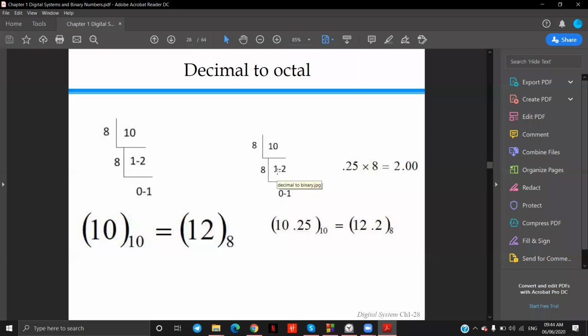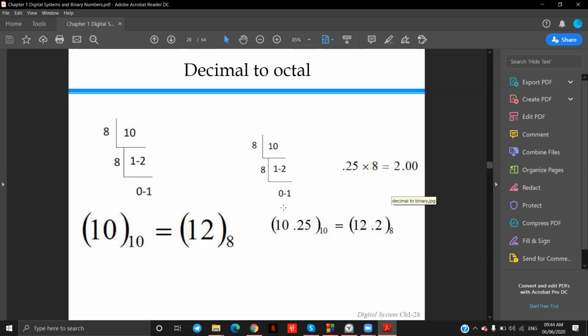Now again divide 1 by 8, you get 0 as the quotient and 1 as the remainder. So the converted value of the integer part is 12. Now the fraction part 0.25 is multiplied by 8, and you get 2.00. Since you get all zeros in the fraction portion, you should stop the multiplication right here.